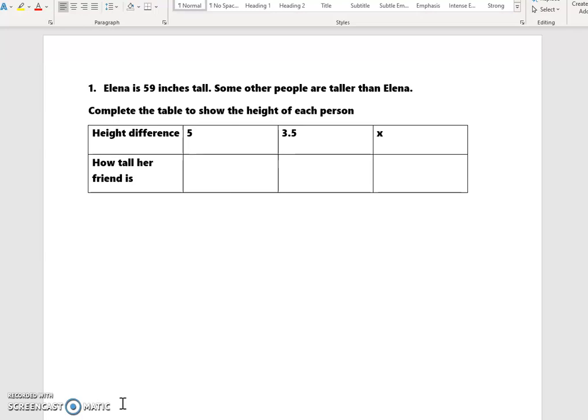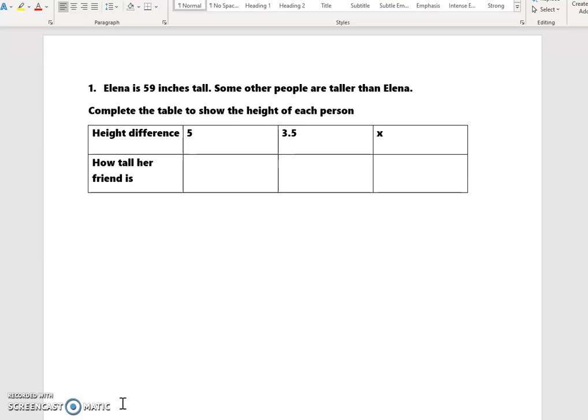Number one, Elena is 59 inches tall, and there are other people who are taller than Elena. Based on the height difference, we're going to figure out how tall that friend might be. When someone is taller, we're going to be adding that difference to get their new height.